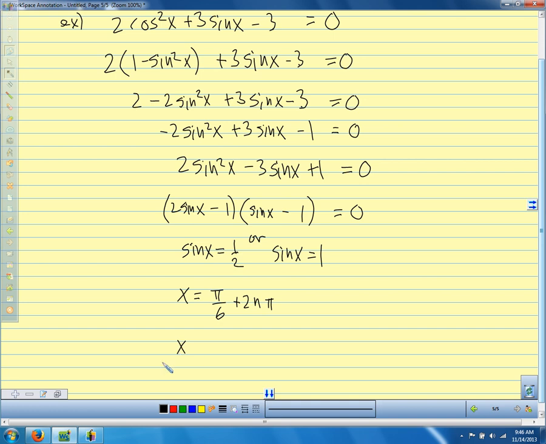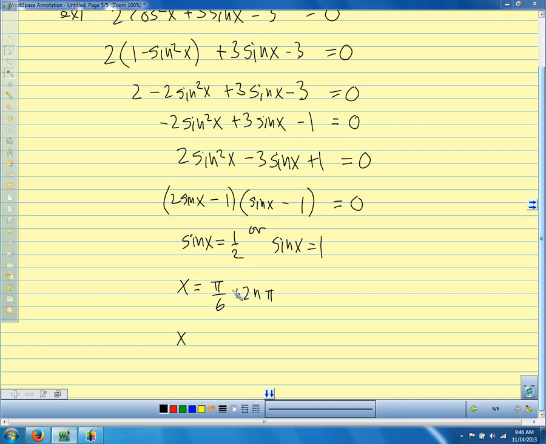Or where else do we get a y component of positive 1/2? Pi would give us a negative 1/2 for the y component, so 5 pi over 6. They're 180 degrees around.